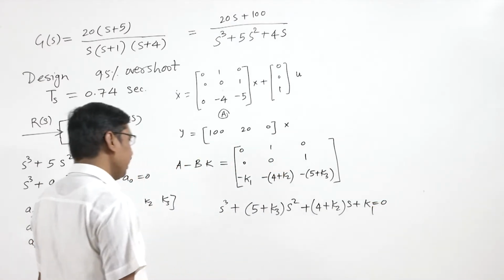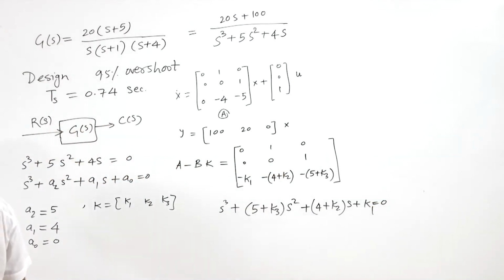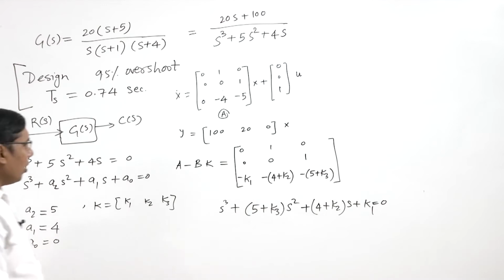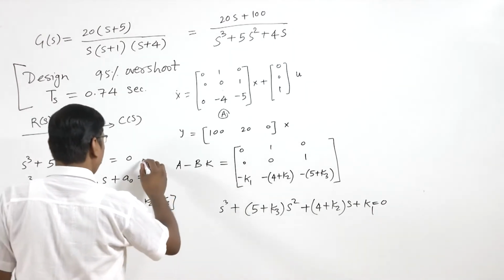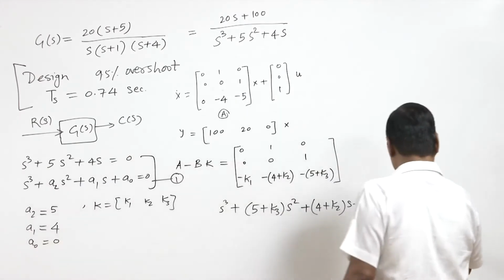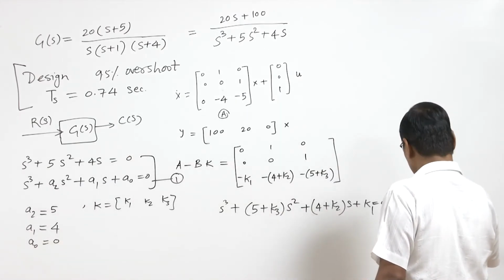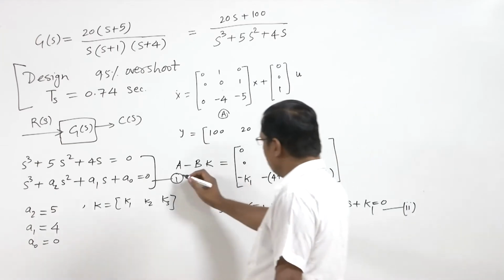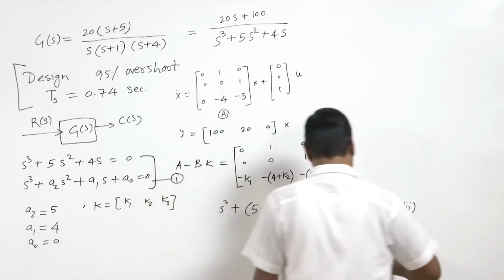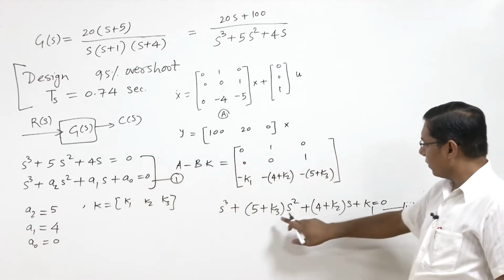This is the new characteristic equation. Now what is the design requirement? So we have got two equations. This is the first equation and this is the second equation. So this is the initial system and this is the system we want. So we want the values of k1, k2, k3.